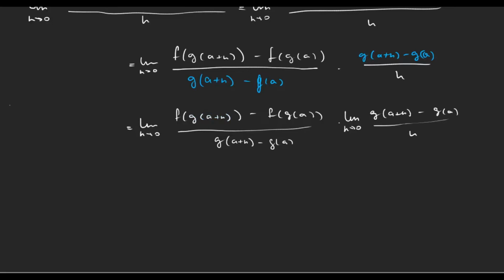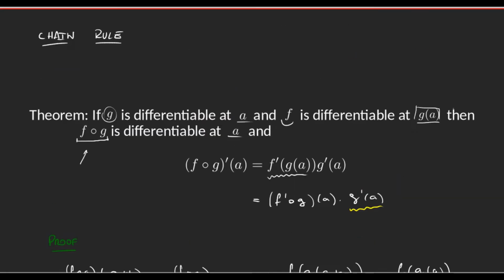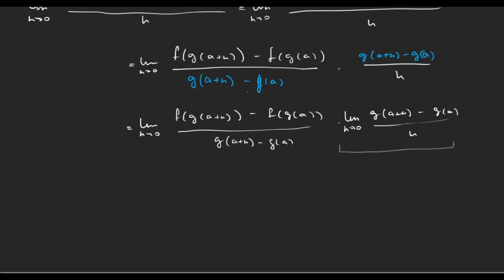And now with this we know that this limit, because g is differentiable at a, this is very important. Because we know that, we can say that this limit will be equal to g prime in a, because it's just the definition of the derivative. But now here we did something weird, right?